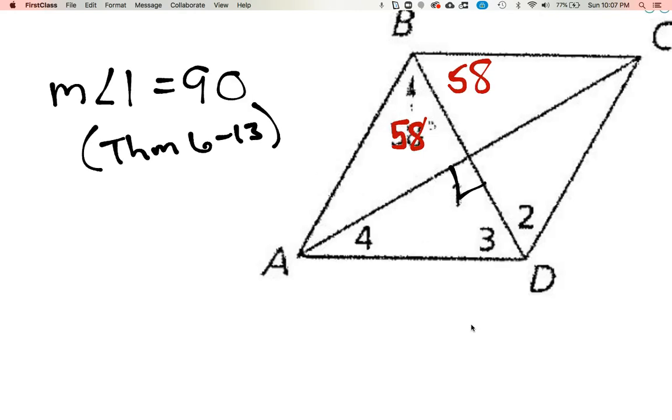But remember, this rhombus is a parallelogram, which means these are parallel, which means 3 is 58. Those are alternate interior angles.